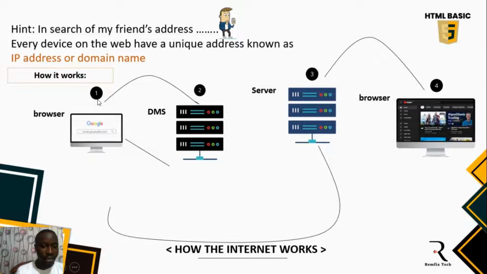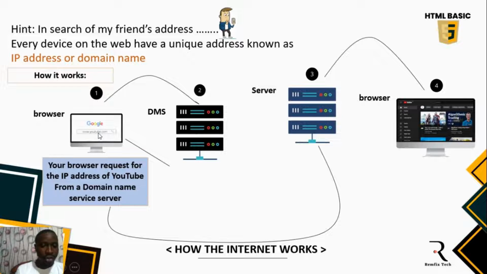So the first step is Jane is on a laptop, typing www.youtube.com. The first thing your browser does is request the IP address of YouTube from a domain name server. It's a bit technical, but you will understand it better. You can liken your browser to you in search of your friend's address in a particular location.